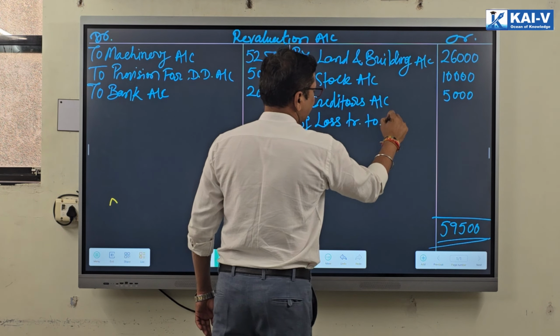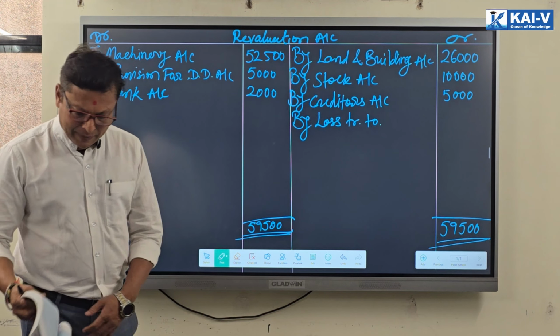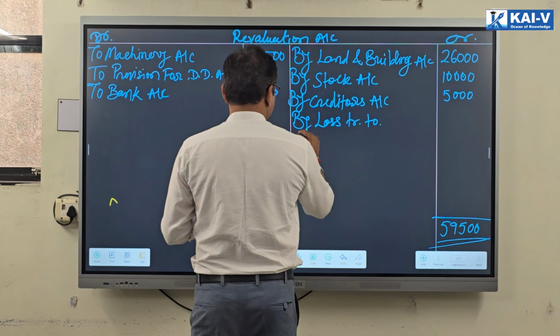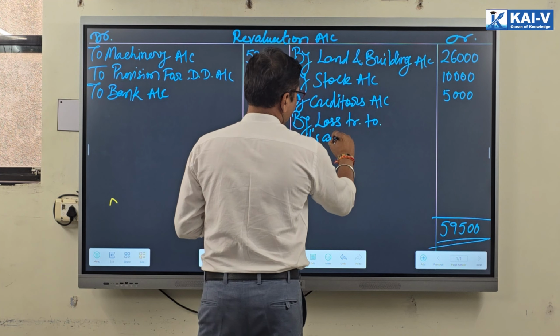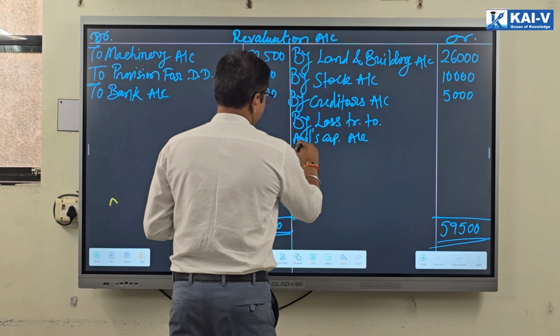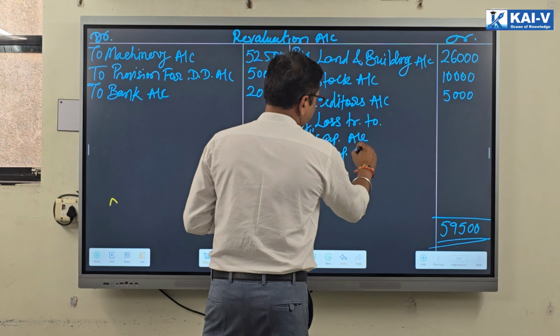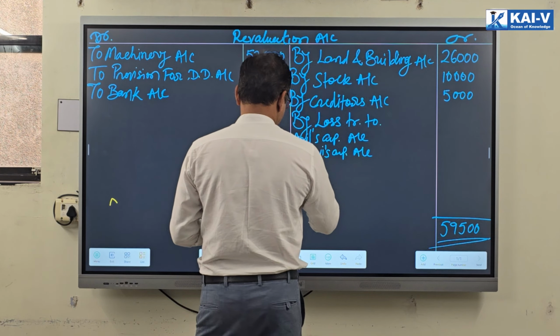transfer to capital account. कौन से पार्टनर्स है हमारे पास? There are 3 partners, Anil, Manvi and Payal. Transfer to Anil's capital account, Manvi's capital account and Payal's capital account.